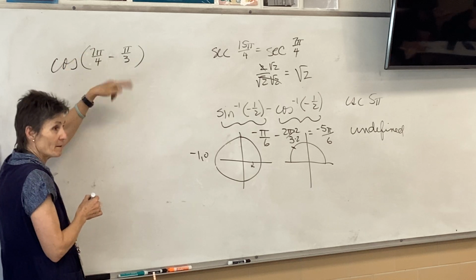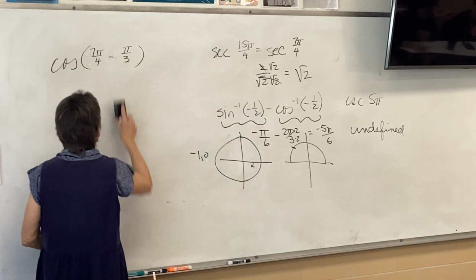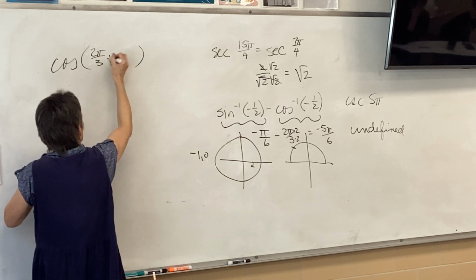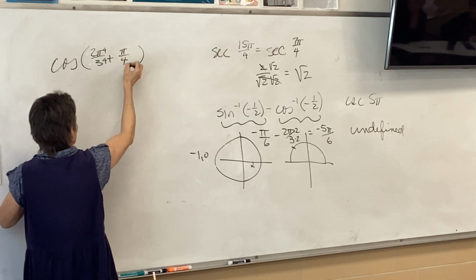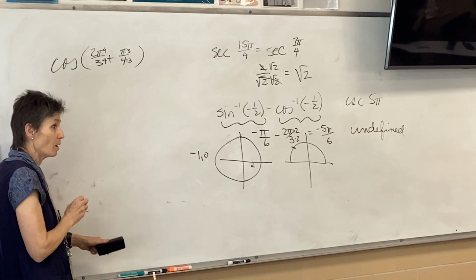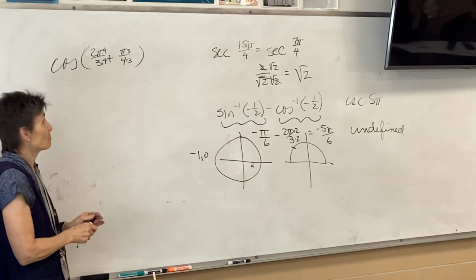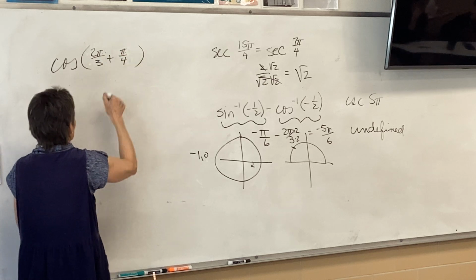That isn't gonna make 11 12ths. 2 pi over 3 and pi over 4. So this would be 8 12ths, and that would be 3 12ths, which makes 11 12ths. There are other combinations, but that's one that works. 2 pi over 3 and pi over 4.